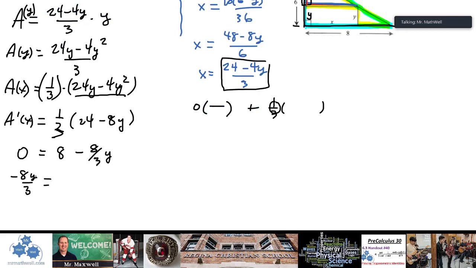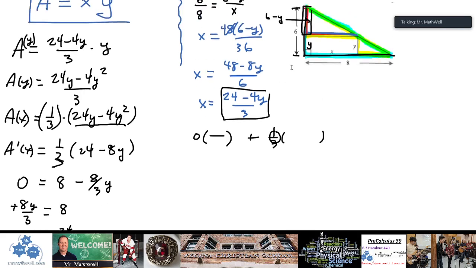I like to put that y up in the numerator instead of having it to the side, because then there's no question where it is, up top or on the bottom. Okay, so that's a positive then. So 8y equals 3 times 8, 24. Y is 3.